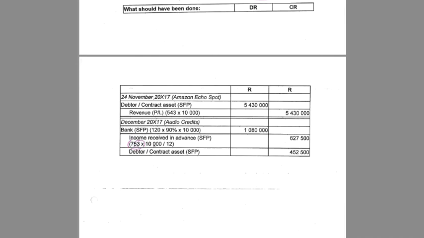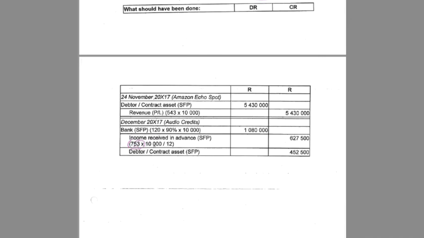What should have been done? Well, what should have been done is that you should have recognized revenue from the Amazon Echo Spot, not only from the audio credits. Just because the Amazon Echo Spot was given for free does not mean we don't recognize revenue. It is identified as a separate performance obligation.